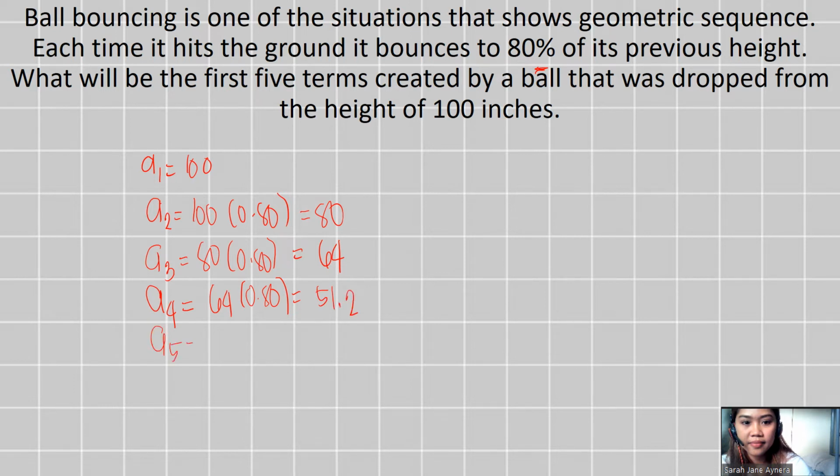And your fifth term is your previous height times 0.80, and that is equal to 40.96.